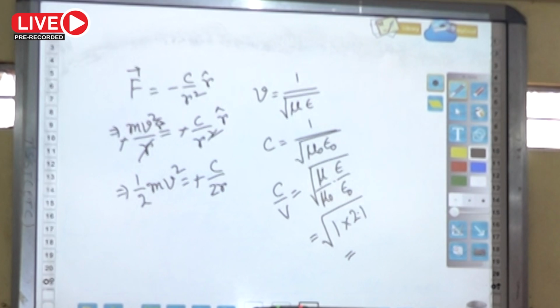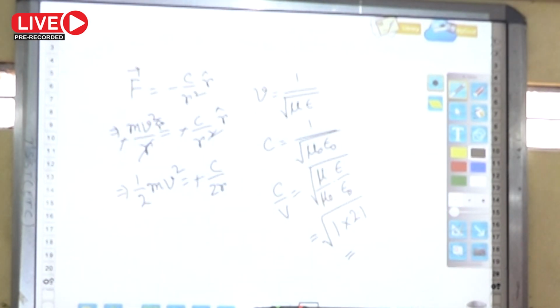Or you can also write the total energy is negative because it is in an inverse square field. Then the answer will be A, total energy will be negative.